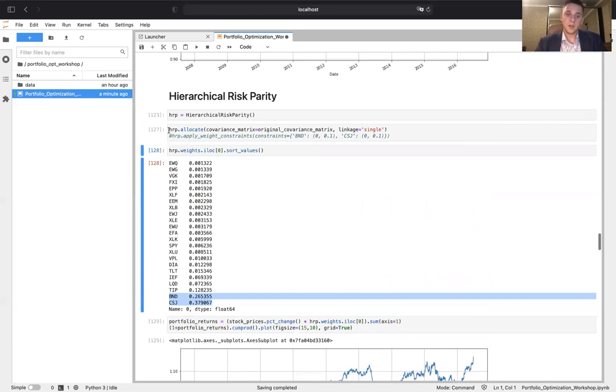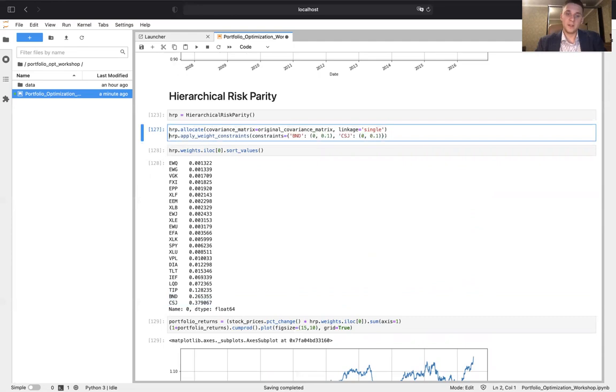So first, you call the HRP allocate method, and after that, you can use the HRP apply weight constraints method, where you just need to specify a dictionary with a ticker of your asset and a corresponding tuple of minimum weight and maximum weight. So here we say that the minimum weight of BND and CSJ is 0 and the maximum is 0.1 for both of them.